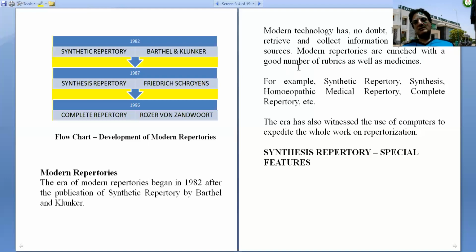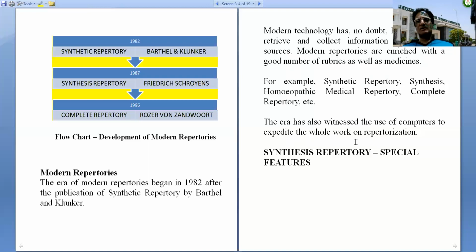For example, a repertory like synthesis has rubrics like hypertension, hypotension, agranulocytosis, nephrotic syndrome, various things, tumors.